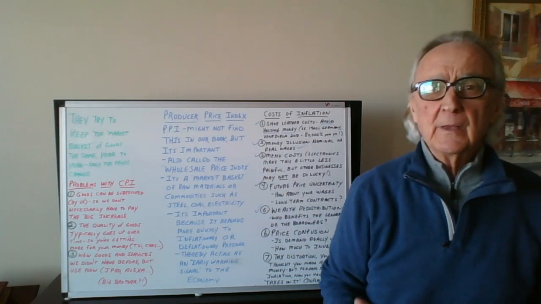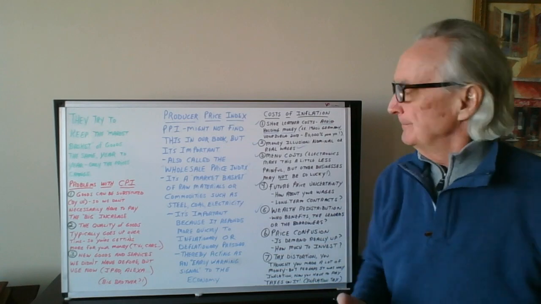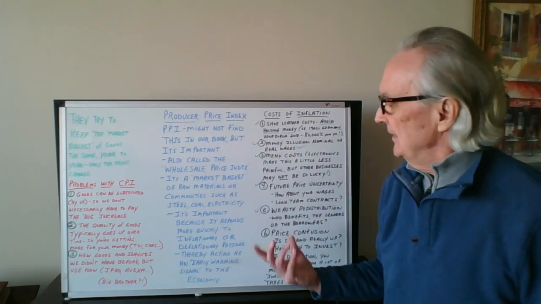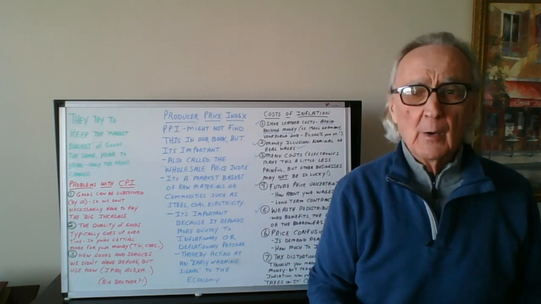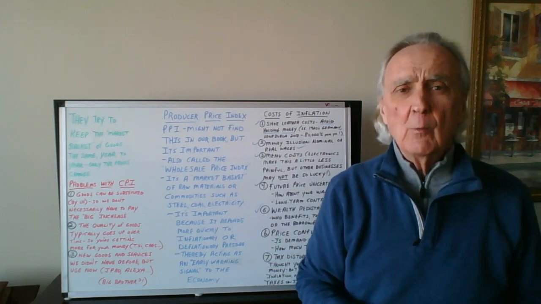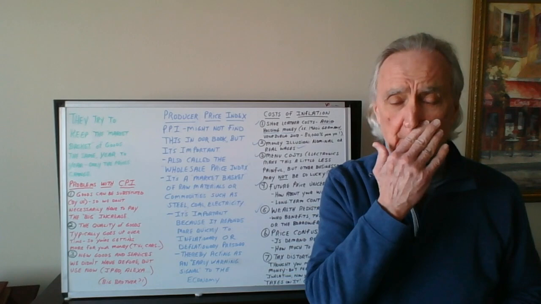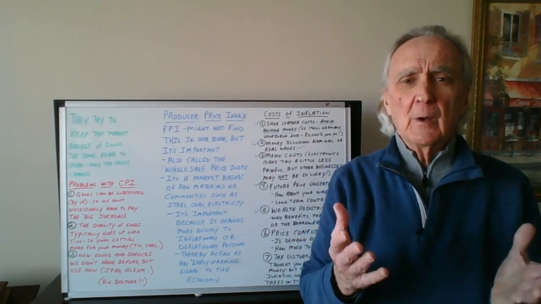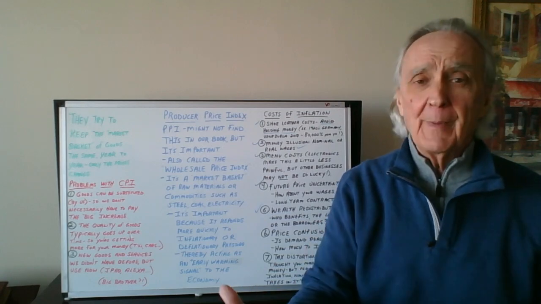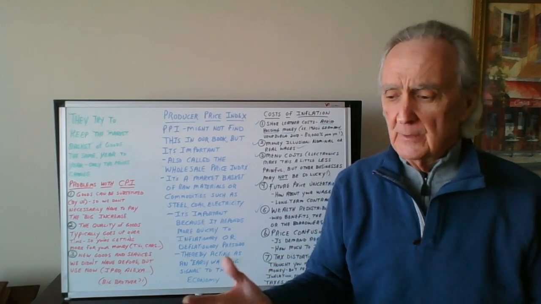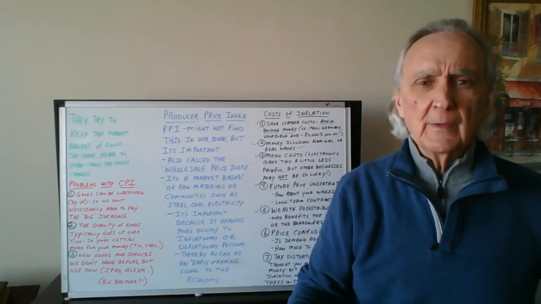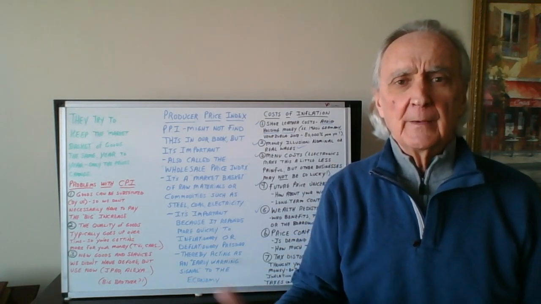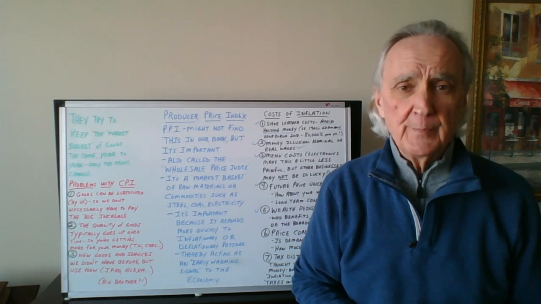Now, this one is a market basket of raw materials or commodities: steel, coal, electricity. You think, okay, why is that important? Well, just think, before you go to buy a toaster, you look at it and say, wow, that toaster is 10% more than I remember it being.